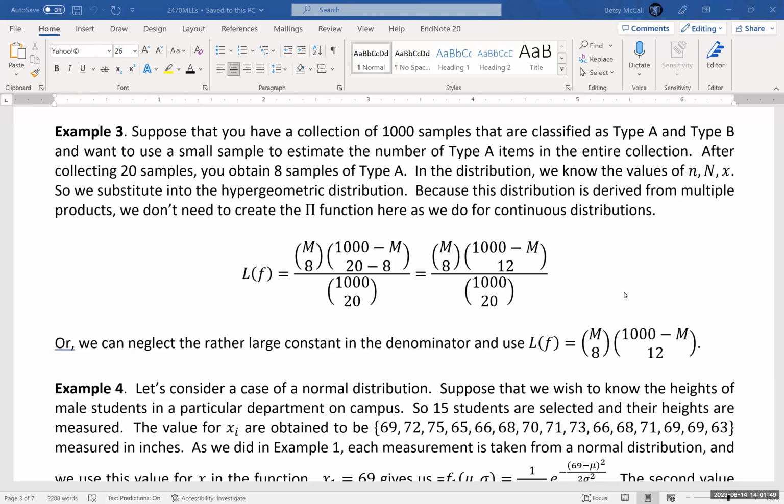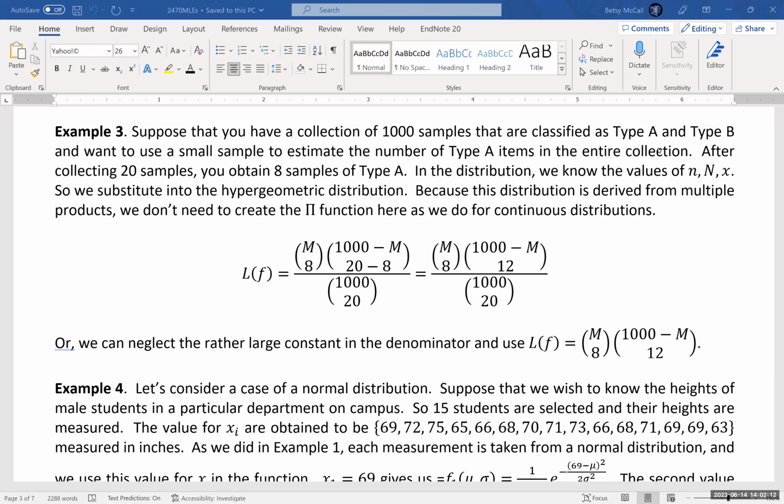In that sense, it's similar to the binomial and negative binomial distributions and less similar to the exponential distributions. But we have a collection of 1,000 samples, let's say, and they're in two types, and that's how it's a finite sample, a finite population.